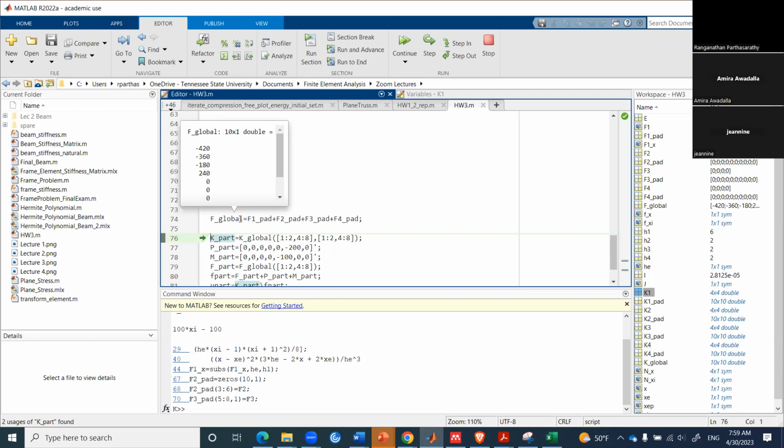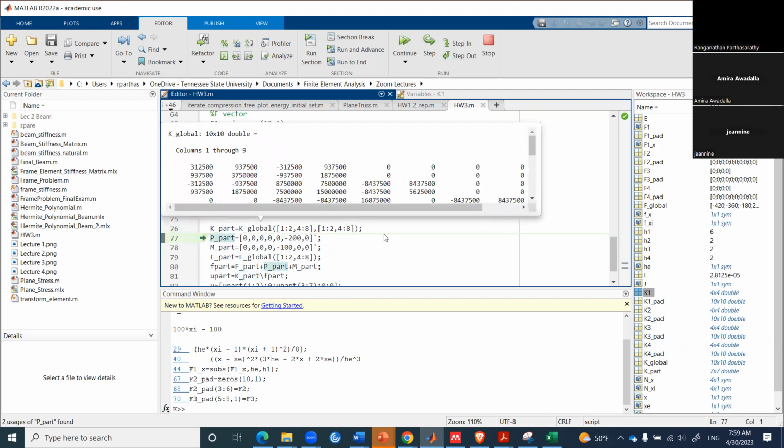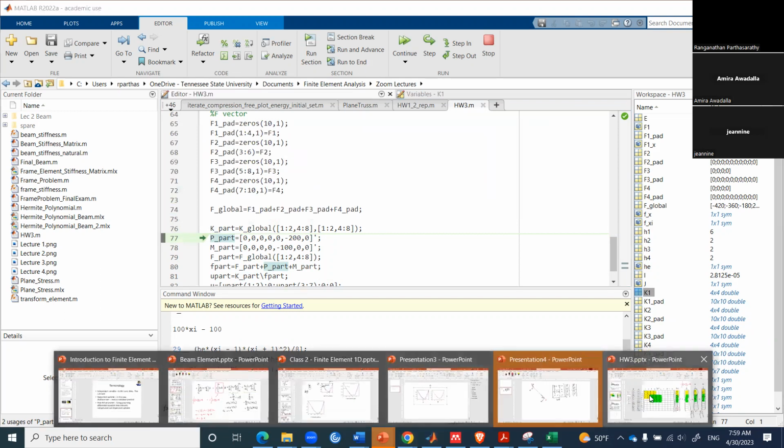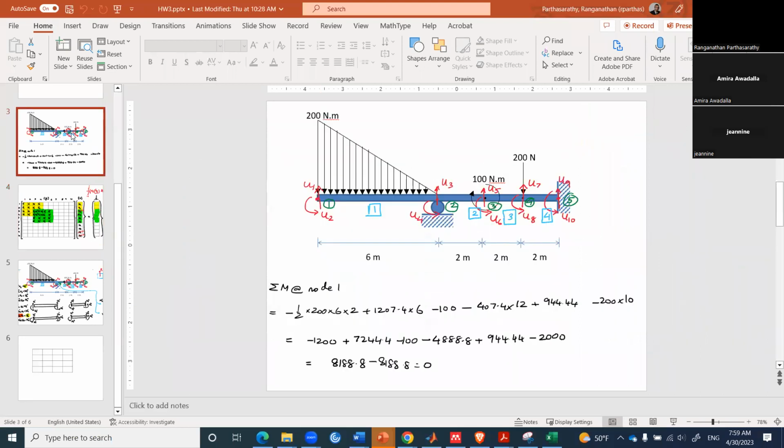Okay, and then you make your K partition matrix because now we want to solve for the unknown degrees of freedom, right? You can see here you have a roller support at 3, and fixed support at node 5. So degree of freedom number 3 is 0 since it cannot move up and down, and degrees of freedom 9 and 10 are 0.